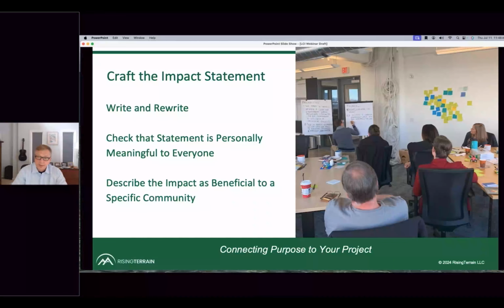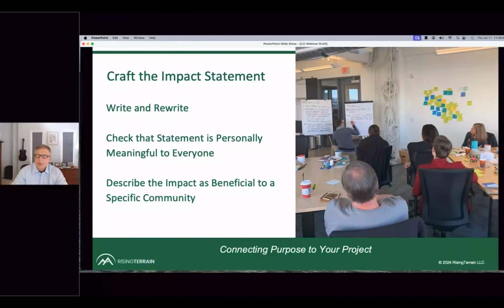And then you craft a statement. And you're going to write and rewrite this statement a few times. So here you see one of the members of the group is starting to write down. People are throwing out ideas. He may be on his 3rd or 4th draft at that point when he's writing this out there. But write and rewrite this. Make sure that statement is personally meaningful for everyone.